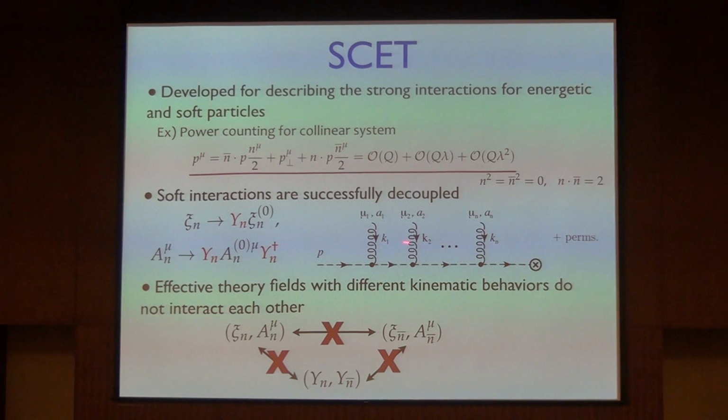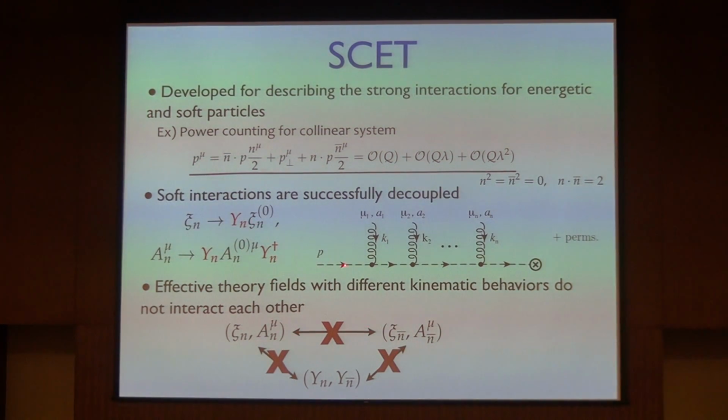In other words, fortunately, we can exponentiate the soft-collinear radiation into soft Wilson lines. Then, by redefining the collinear field, we have a collinear field which does not interact with the soft particles.